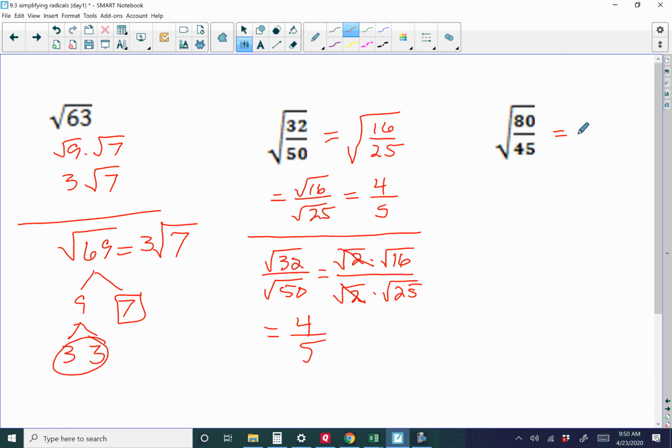So this becomes 16 over 9. Right? I divided both of those by 5, which becomes square root of 16 over square root of 9. And that is 4 over 3.